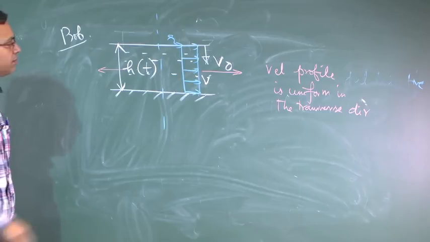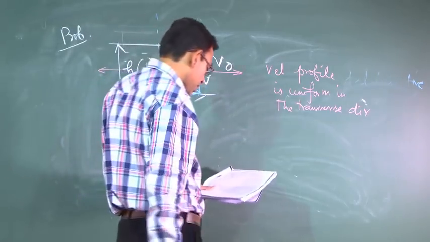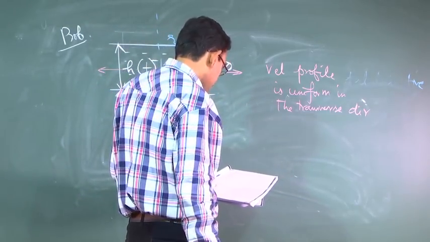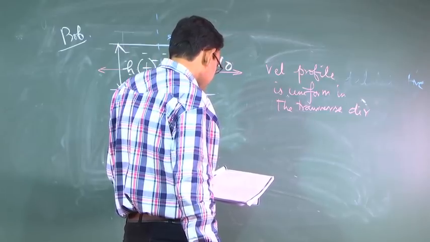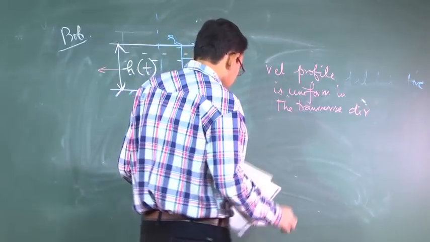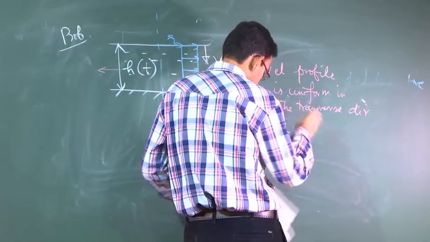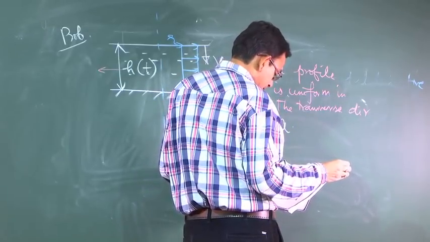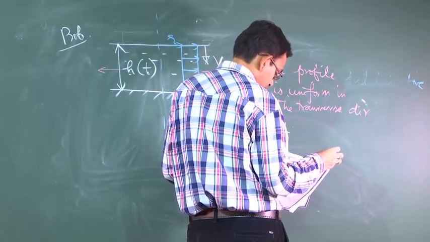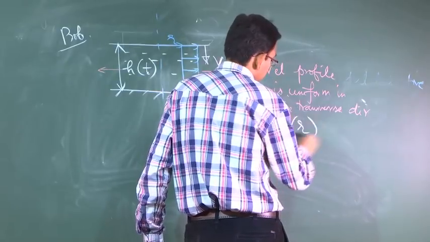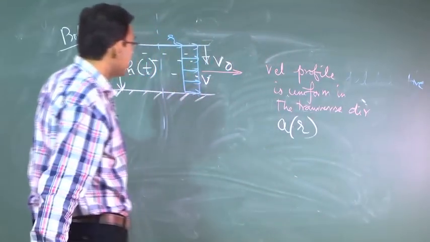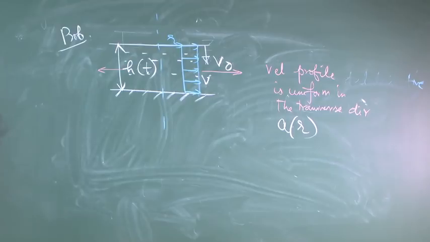So, before that let us complete the problem statement. The problem statement is that you have to find out the acceleration at a given r, assuming that the density of the fluid is constant.